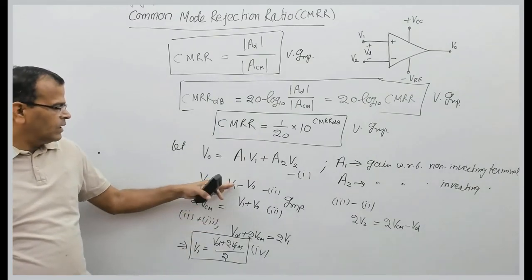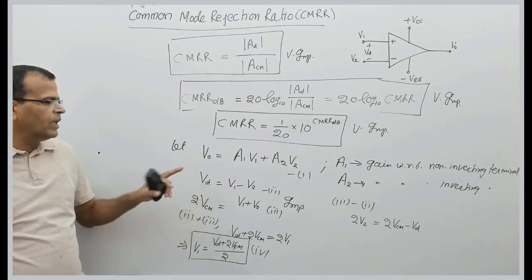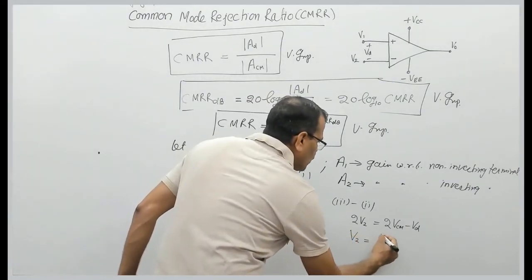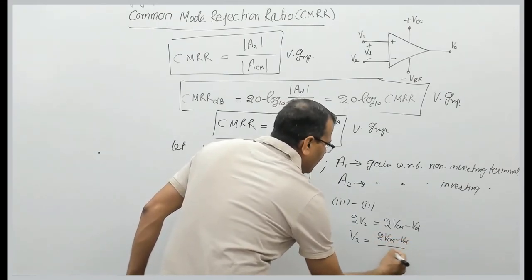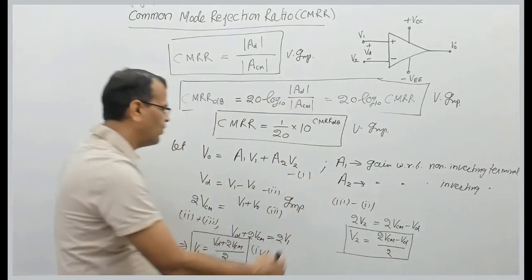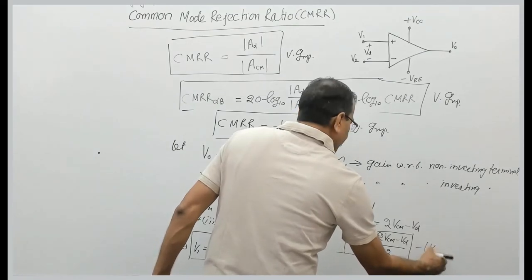This minus this, so this will be cancelled out, so 2V2 equals 2 VCM minus Vd. So you will get V2 equal to (2 VCM minus Vd) divided by 2. So this is voltage V2, and this is equation number, say, 5.